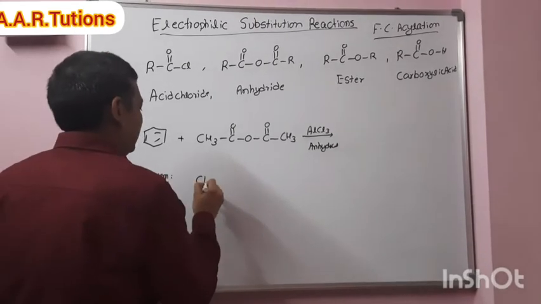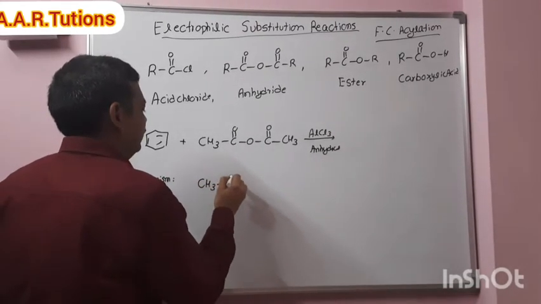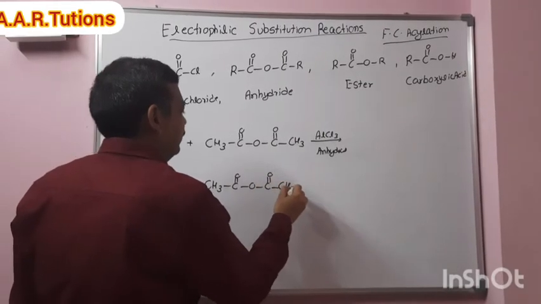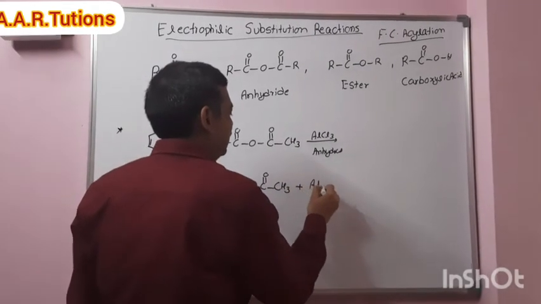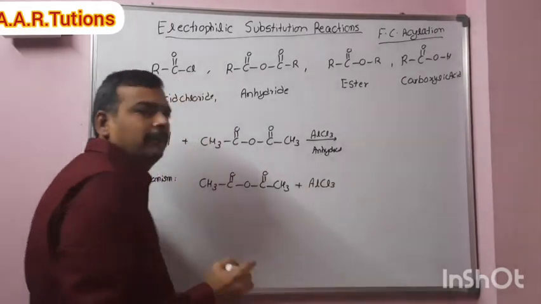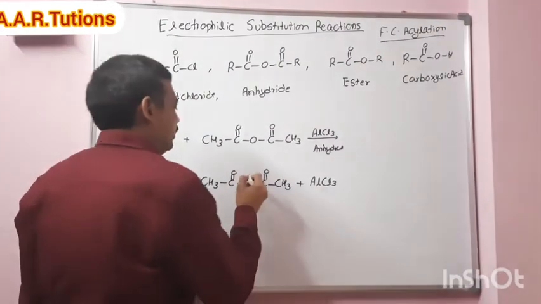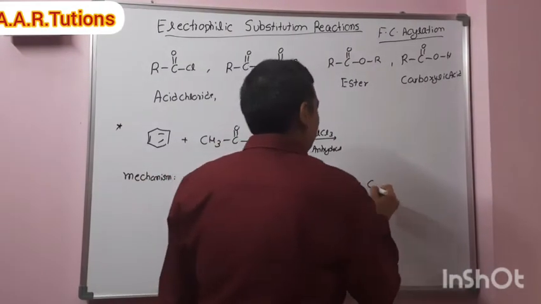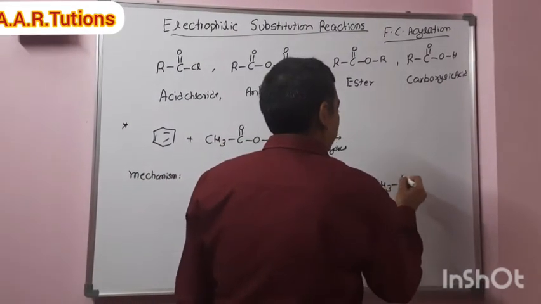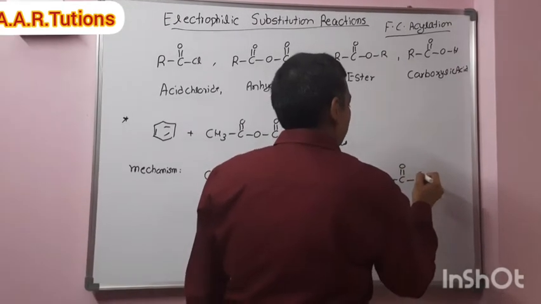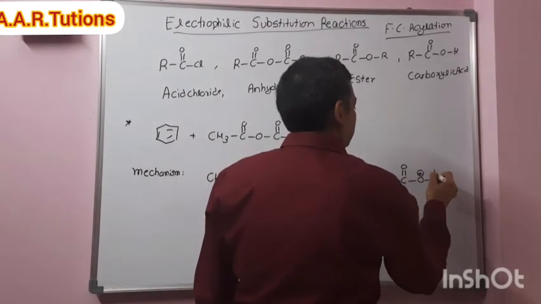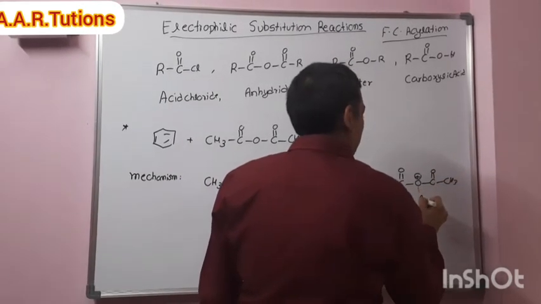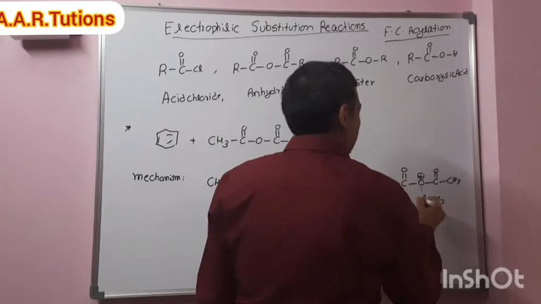Acetic anhydride, CH3CO, will react with AlCl3. We will write the mechanism up to the generation of the electrophile. So the lone pair of electrons on oxygen forms a complex with AlCl3, then CH3CO positive charge, CO, CH3, AlCl3 minus.